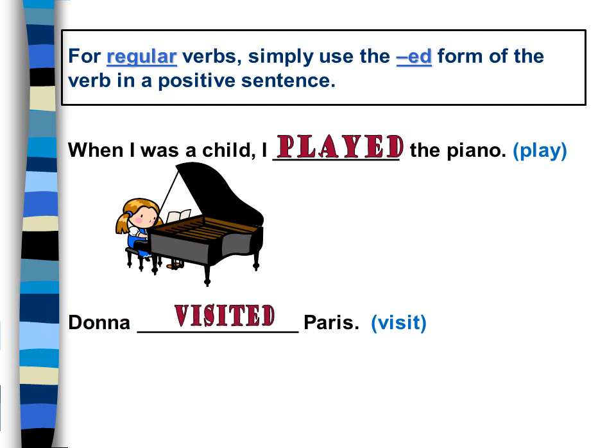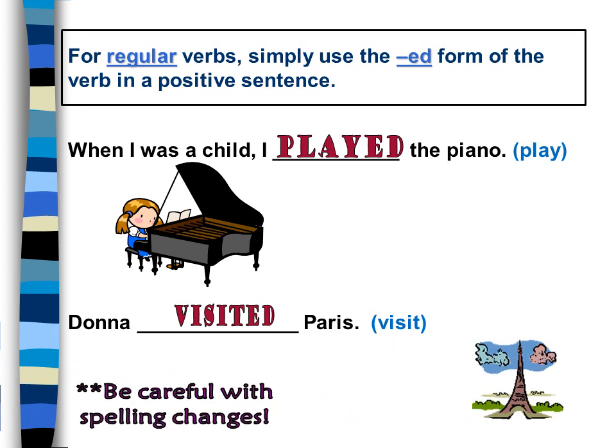Okay, so of course you can see the differences here of regular and irregular. This is regular, of course, I add ed to the base verb. Be careful with spelling changes. Of course, we talked about that in the other sections of the video.